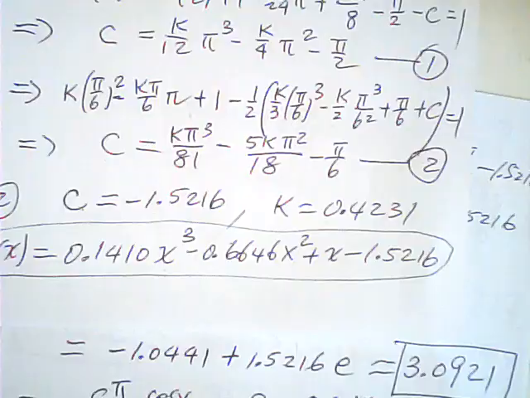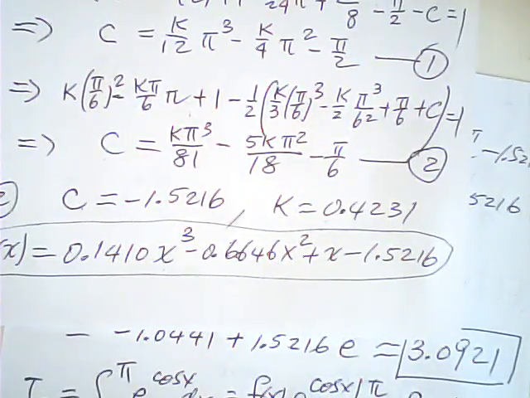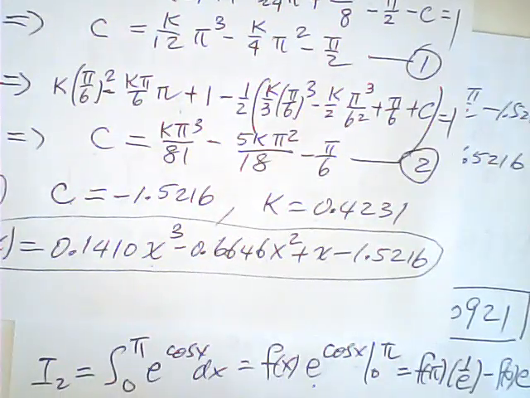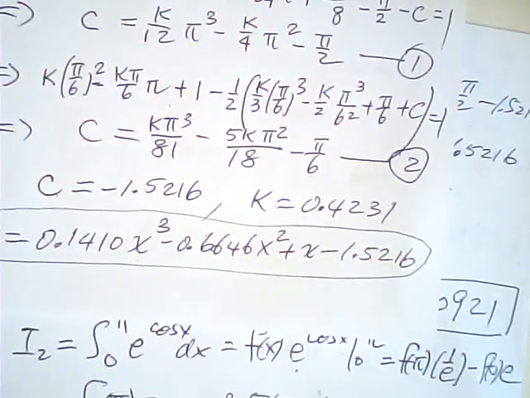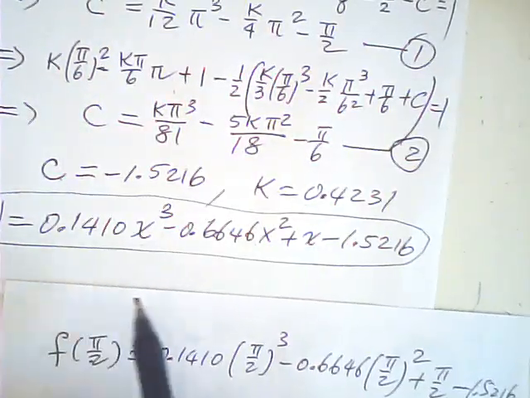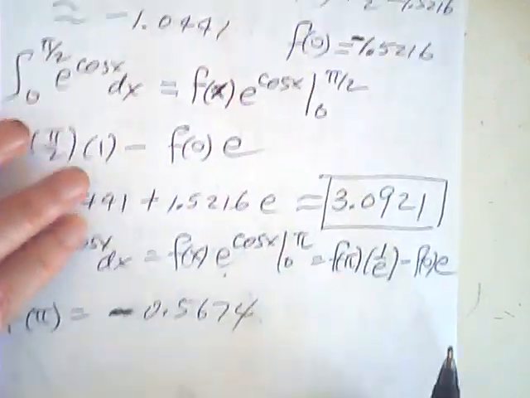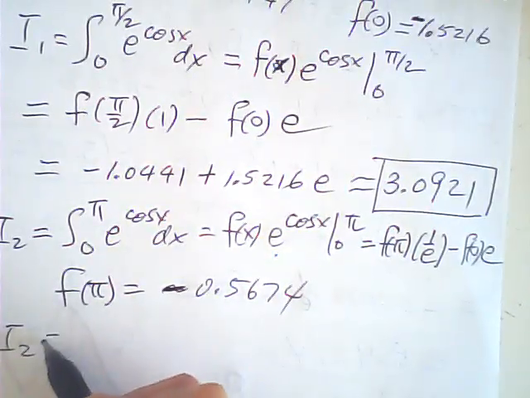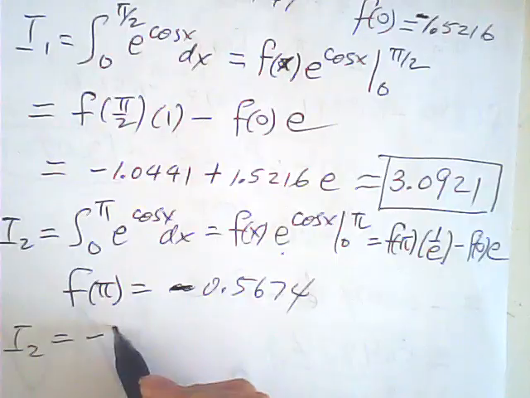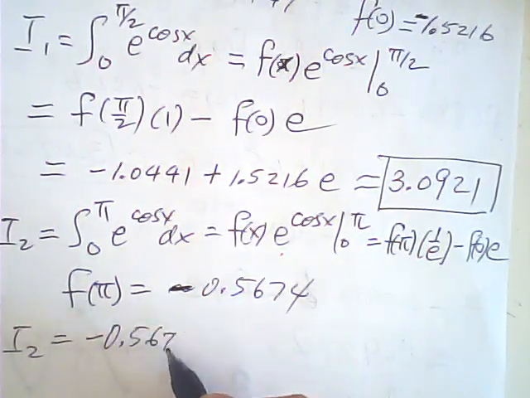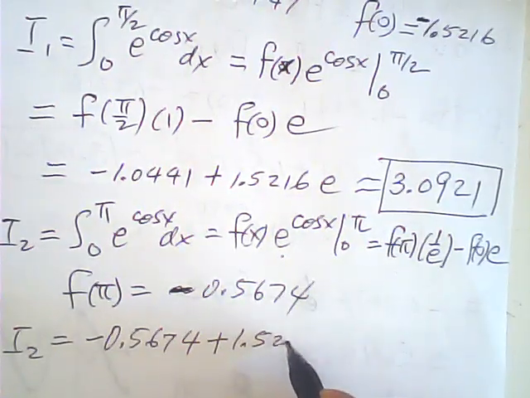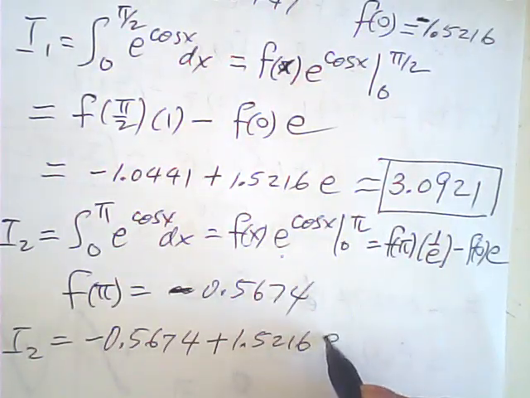We find this is equal to negative 0.5674. Well, f of 0 we already have. So I2 is equal to negative 0.5674 divided by e, plus 1.5216 times e.